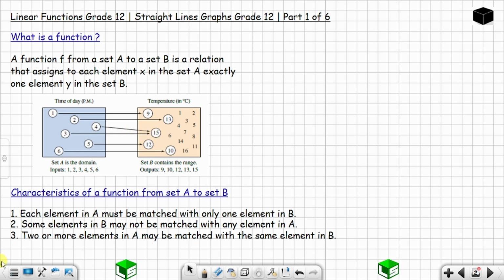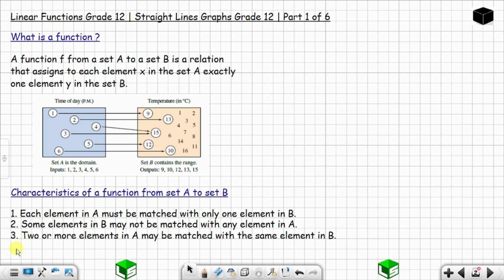This is okay. It is an example here: 3 with 15 and 4 with 15, as long as each element in A is matched with only one element in B. So 3 with only one element and 4 with only one element. This is one characteristic of a function.